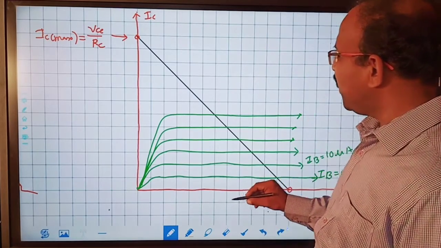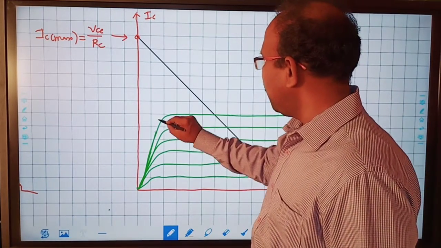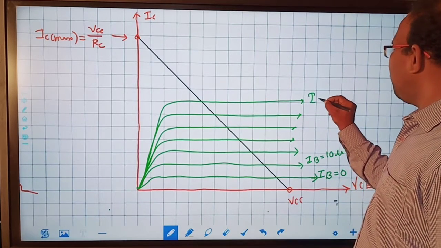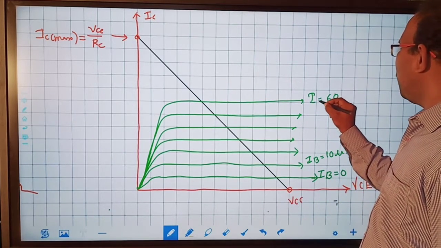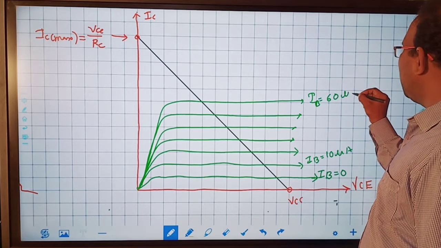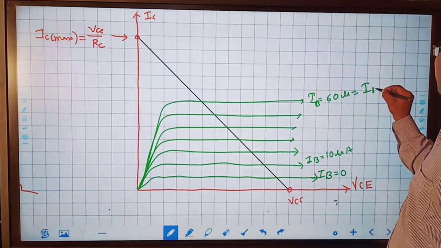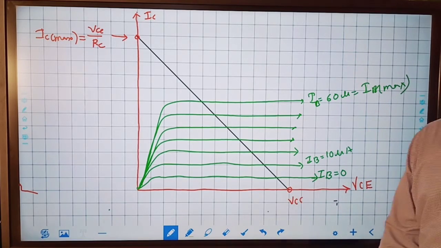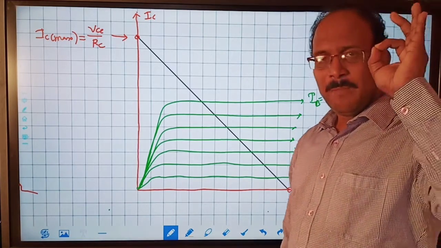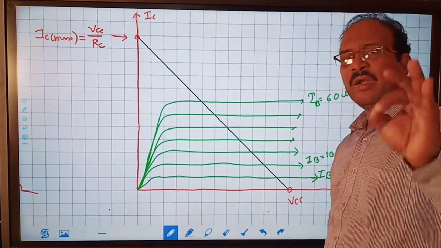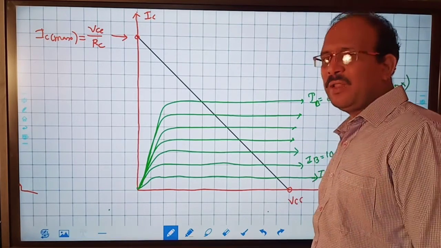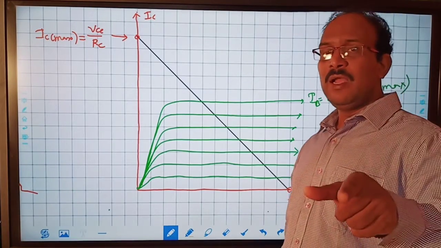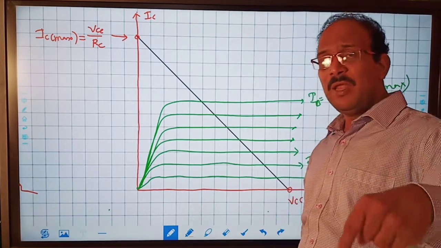So if I consider here IB equal to 60 microampere, and I say this is IB max. Okay, I will tell you how to calculate IB max, because IB max is the maximum value where IC gets saturated. When we solve the problem, that I will tell you how to calculate IB min and IB max.